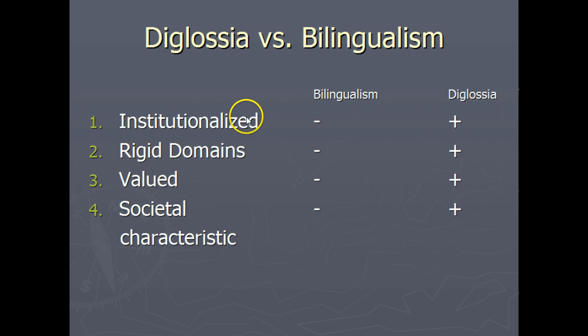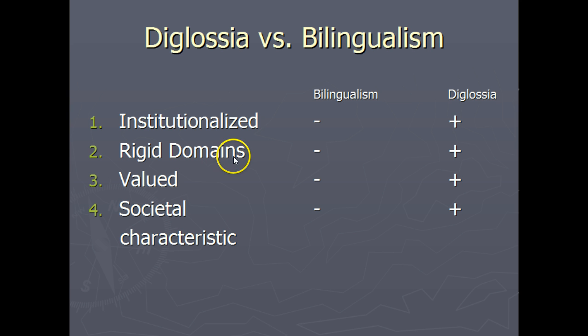So here, institutionalized is looking at education, typically. In bilingualism, the individual may or may not have needed to go to school in order to learn the second language. In diglossia, typically the high form is only learned through formal education.